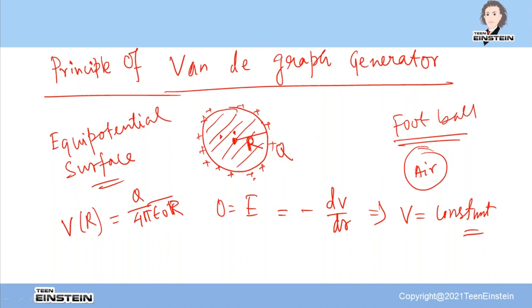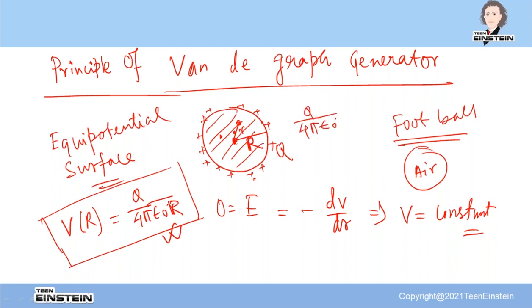Even though the distance is less than r, you might think you will get a smaller potential, q by 4 pi epsilon naught times something smaller. It is not, because the potential is constant everywhere up to the surface. Even if it is r1 or r2, everywhere inside the potential will be the same as the potential on the surface. This is one concept.